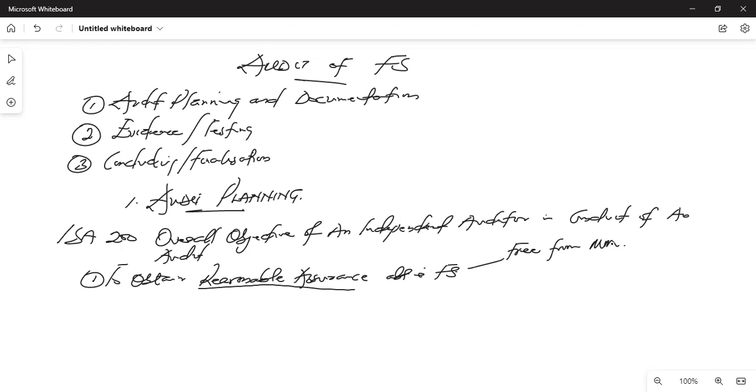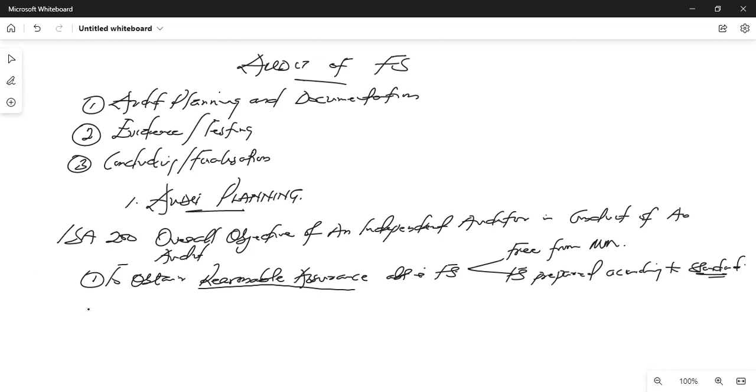In that case, it will enable him to express his opinion on whether the financial statements are prepared in all material respects according to the applicable standards. If you remember, this is part of the elements of an assurance engagement. So that is the first thing the auditor needs: to obtain reasonable assurance.